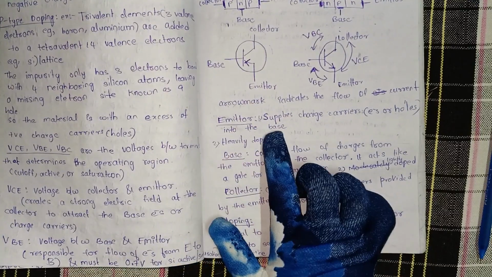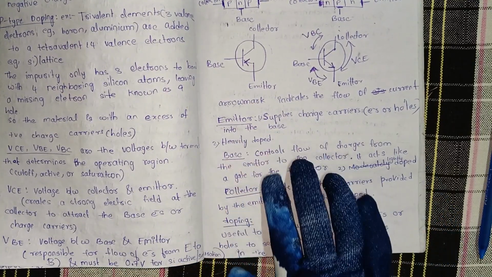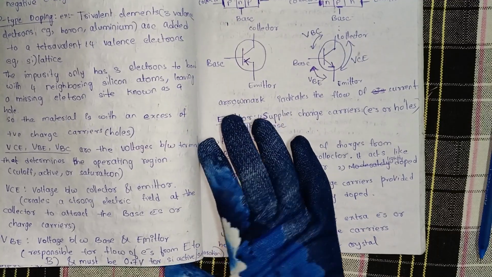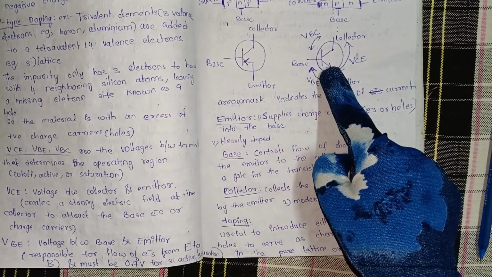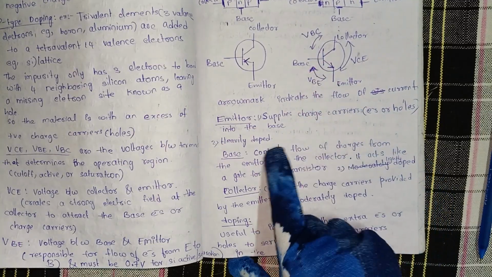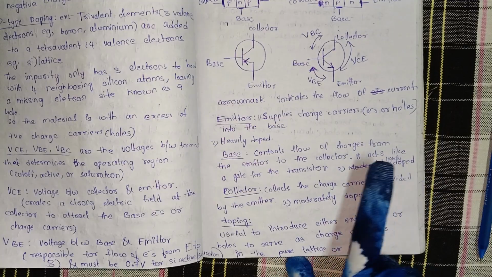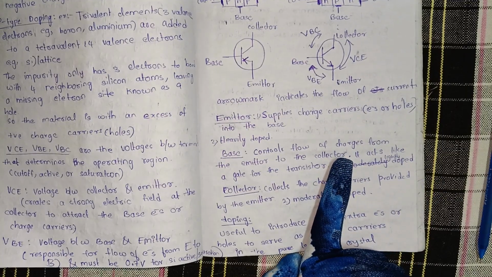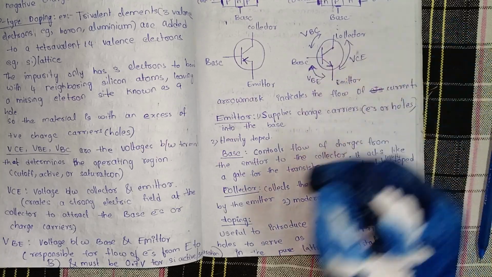Okay, then the emitter supplies charge carriers, electrons or holes, into the base. It is heavily doped. The base controls the flow of charges from the emitter to the collector, like this.